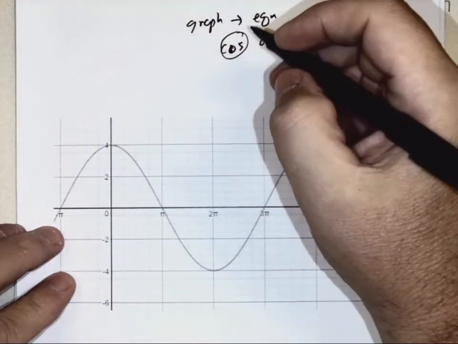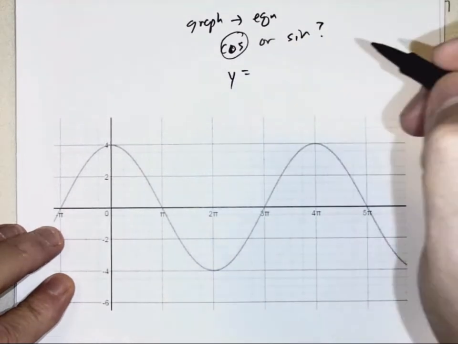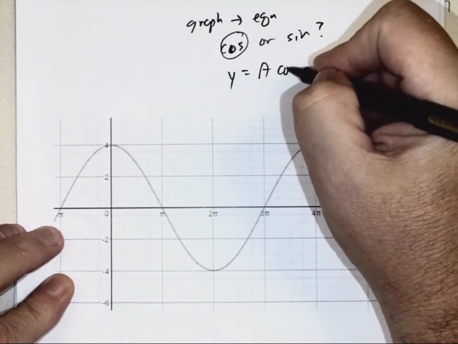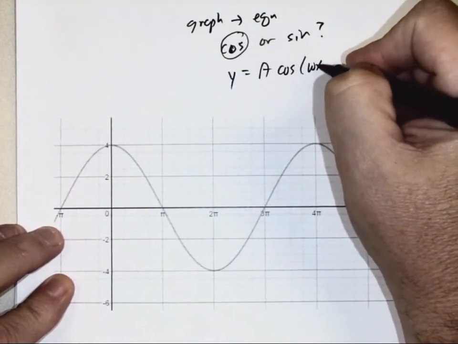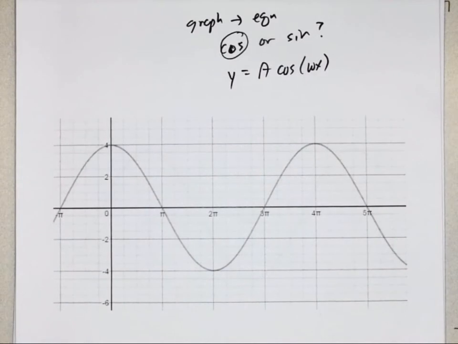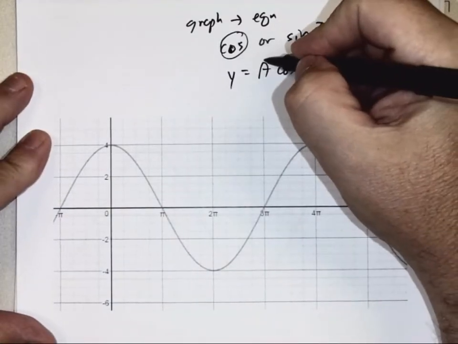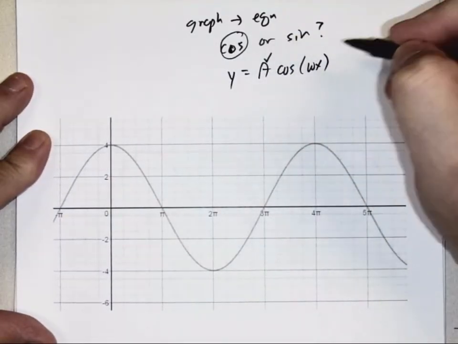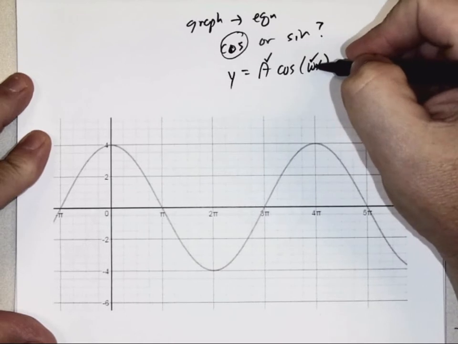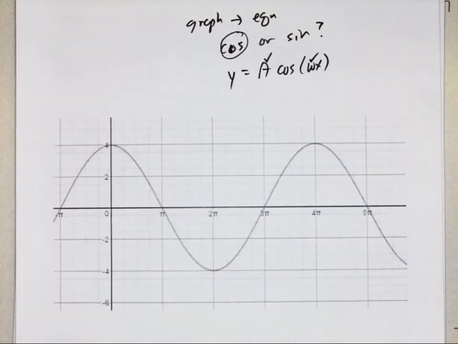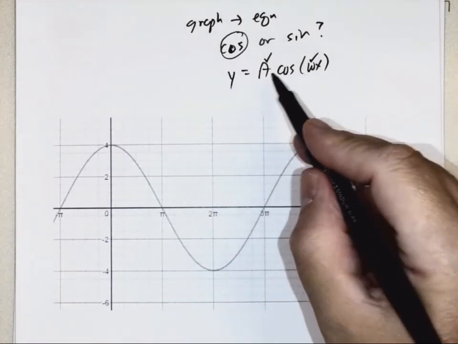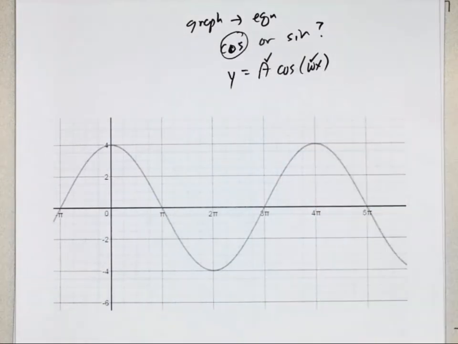Now I know the equation for the cosine is this. There's no vertical shift. Really, if I can figure out what A is and what this omega is, then I've got the equation. I just have to find numbers for those.